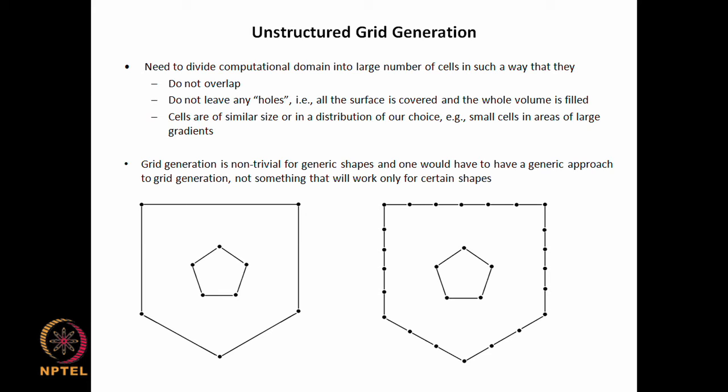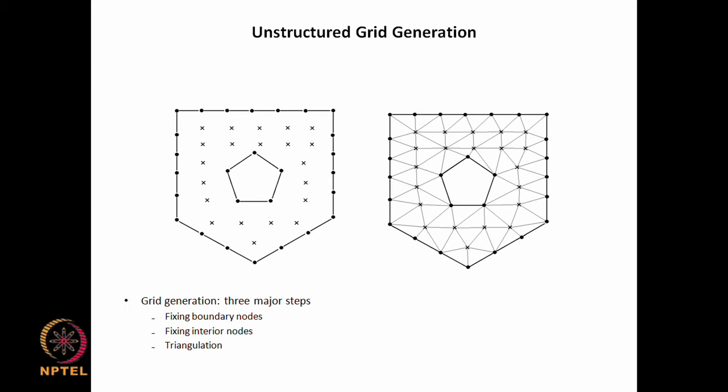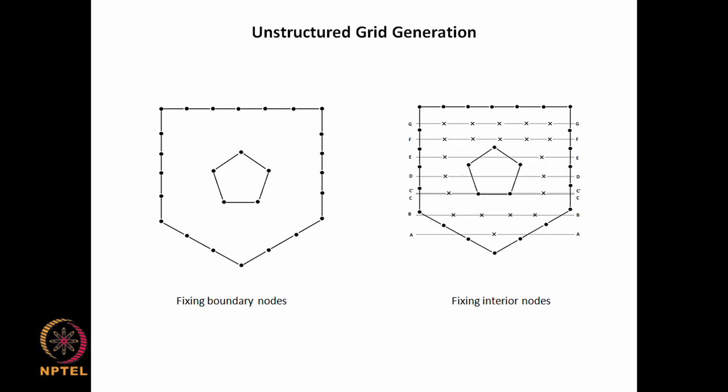Okay. So, with these kind of things it is possible to come up with a simple way of doing this nodalization, that is fixing the interior nodes. What we can do is that for a shape like this, you know the total maximum height and minimum height, and you have some characteristic distance that you would like to have, the small l between the grid points, which can be the estimated size of an equilateral triangle that you would like your triangular cell to be.